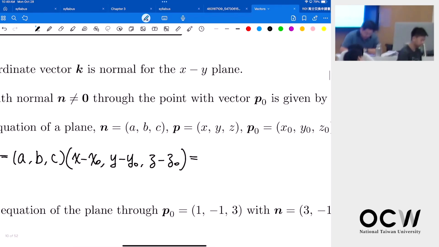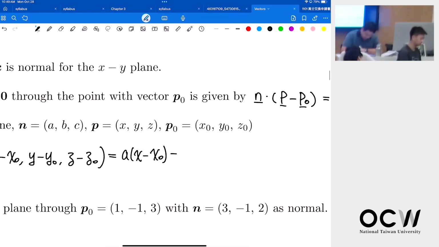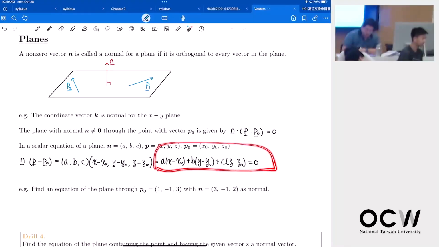Then I will get A(x minus x naught) plus B(y minus y naught) plus C(z minus z naught), and that should be 0. And this is your scalar equation of a plane. So I think probably some of you have already learned that in your senior high school.